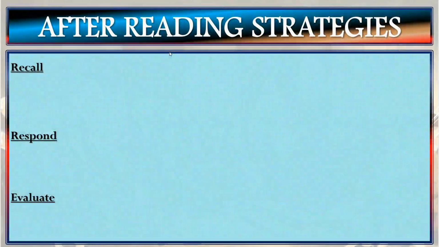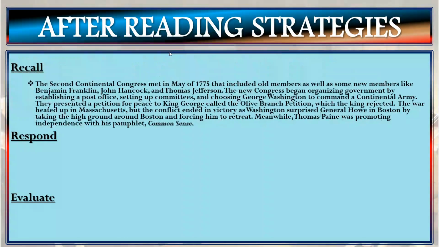Hey, that brings us to the end of this first section. That went quick. Okay, so the Second Continental Congress met in May of 1775. That included old members as well as some new members like Ben Franklin, John Hancock, and Thomas Jefferson. The new Congress began organizing government by establishing a post office, setting up committees, and choosing George Washington to command a Continental Army.